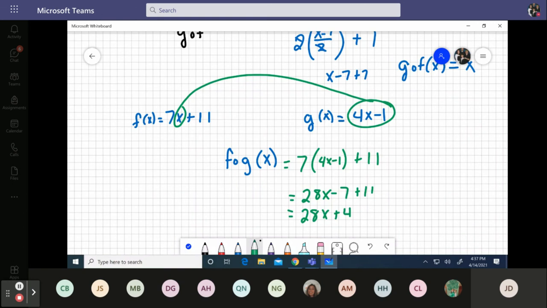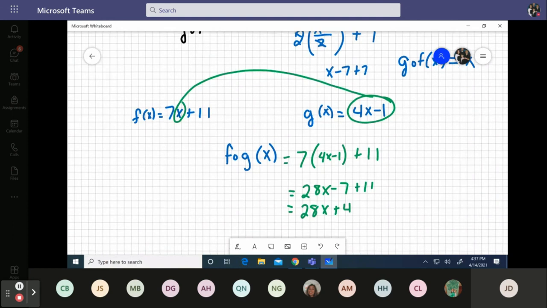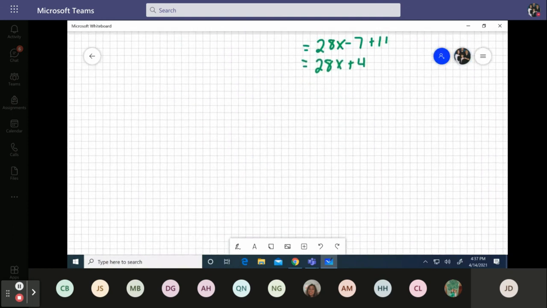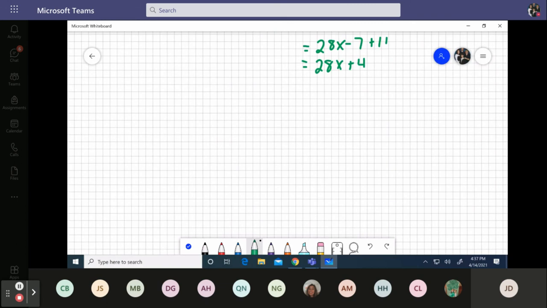Good? There's only one other thing left on 6.1, and that's the domain of a composite function. So I have 2 over x plus 8 for f of x, and g of x is x plus 1.